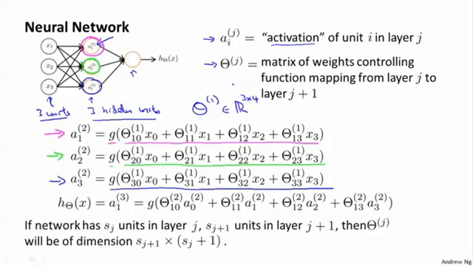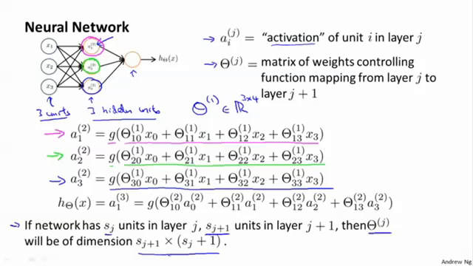And more generally, if a network has Sj units in layer j and Sj+1 units in layer j+1, then the matrix theta j, which governs the function mapping from layer j to layer j+1, will have dimension Sj+1 by Sj+1.